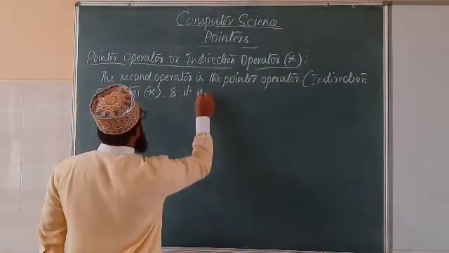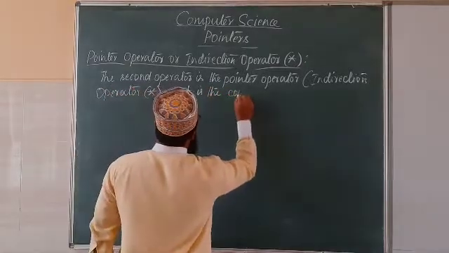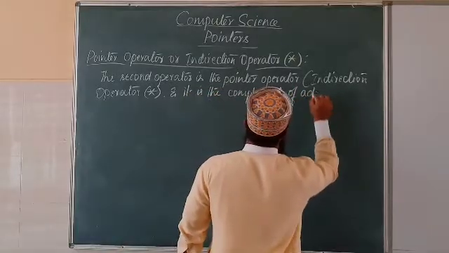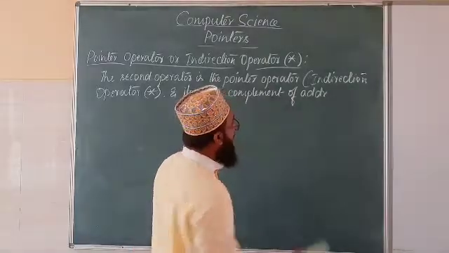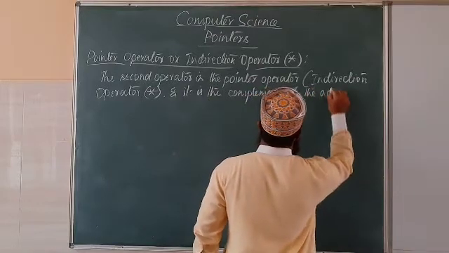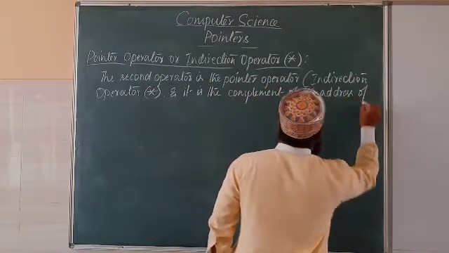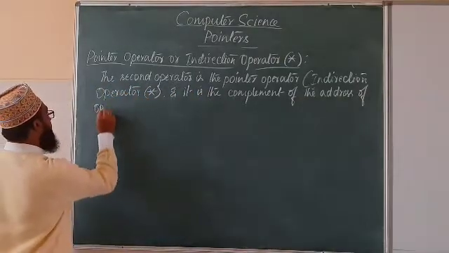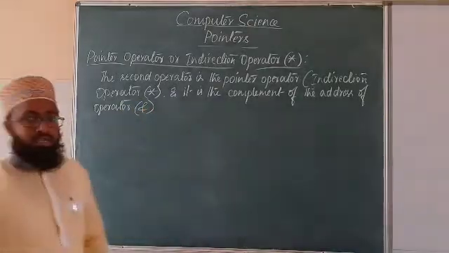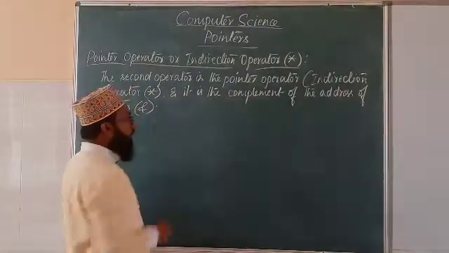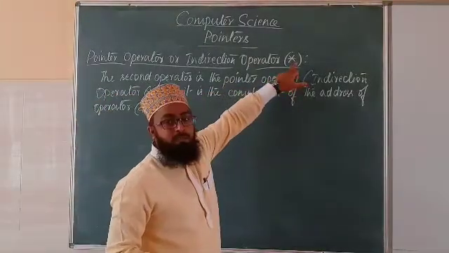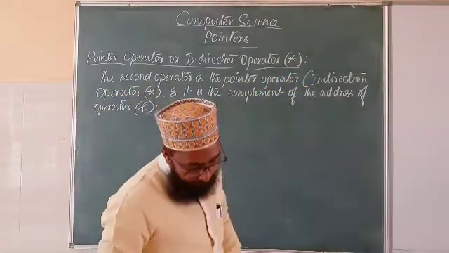It is the complement of the address of operator: the address of operator stores the address of a variable, but this stores the location of a variable.